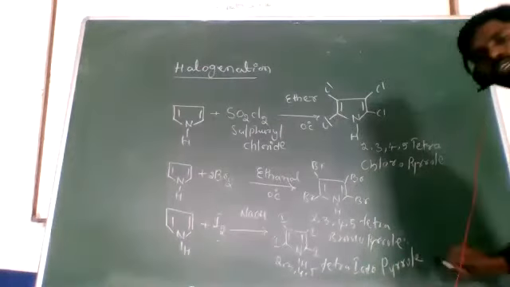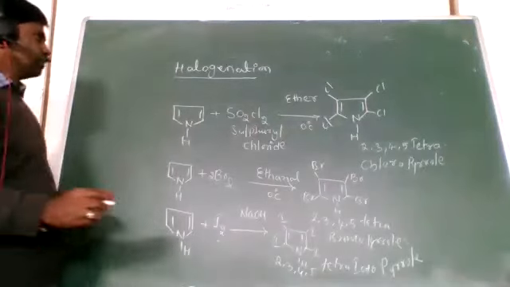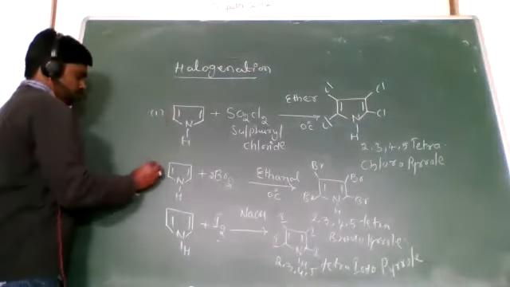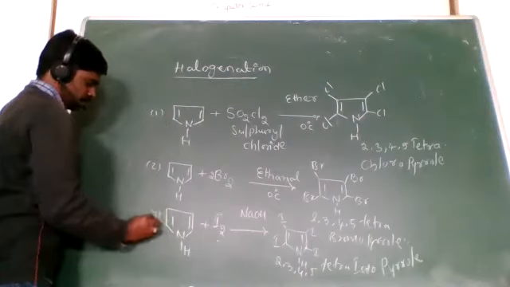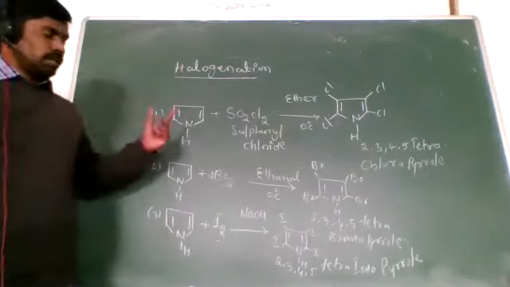So we get tetraiodopyrrole. This is the halogenation of pyrrole: this is the first one, second one, third one. Okay, I think you understand, right?